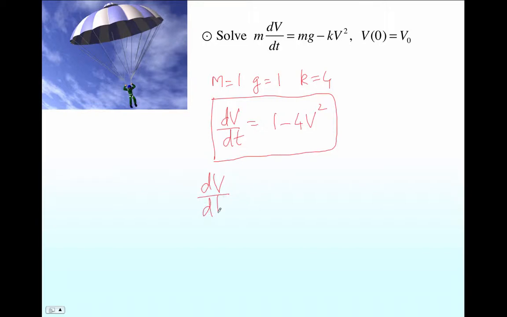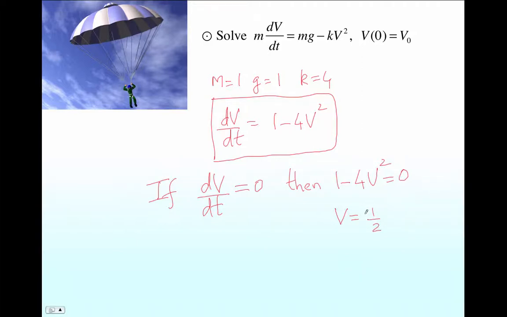Suppose that the velocity stops changing with time. So I'm saying if and when the velocity stops changing with time, then we'll have to have 1 minus 4v squared equal to 0, which means that v will have to be half.